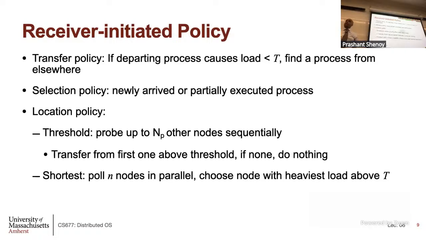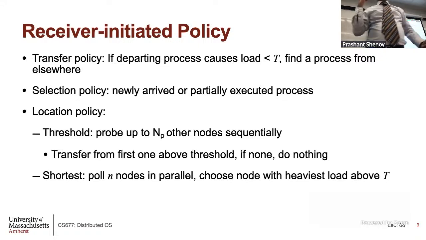What's your location policy? In this case, the receiver has to go find an overloaded node and ask it to offload some work. How do you find an overloaded node? You could randomly contact a node and say, do you have some work to send? That's a random policy. You could again probe. You could ask some subset of nodes or all the nodes in the network, depending on how large your network is, saying send load information. You get the load information, pick the most heavily loaded node, and then say send one job.